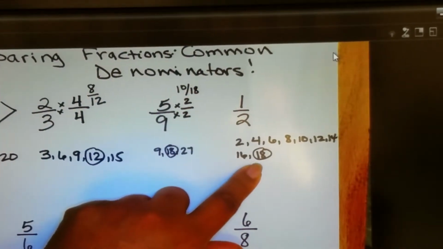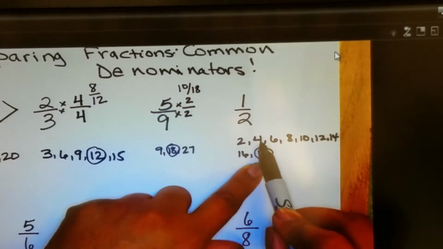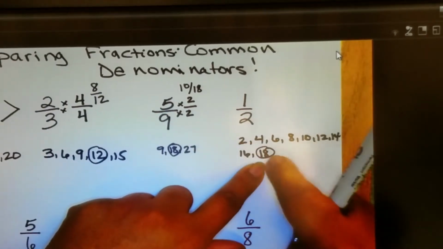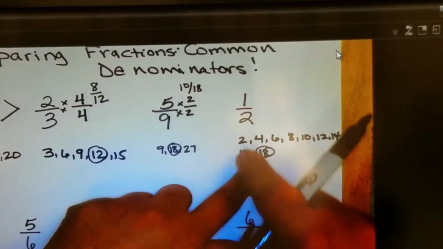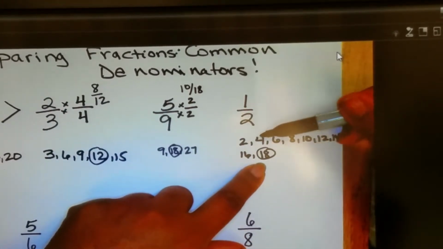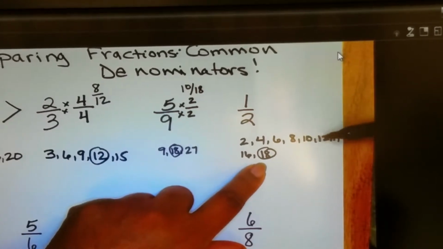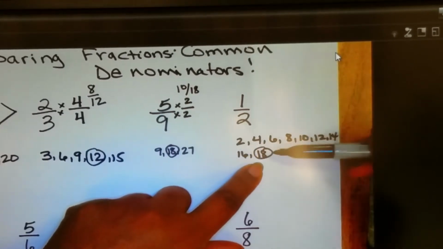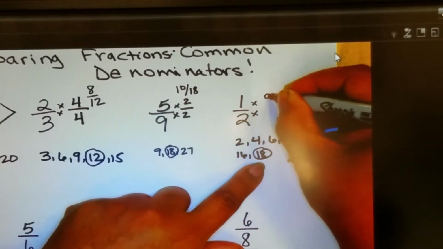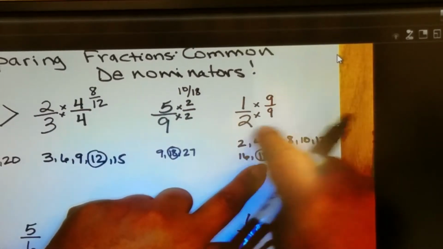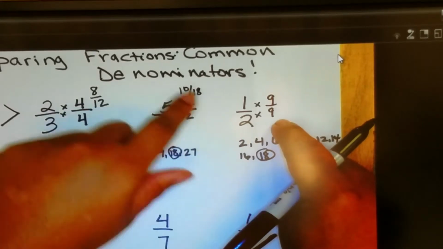When I come over here, I will have 2, 4, 6, and as I'm skip counting, I will then count my skips. 1, 2, 3, 4, 5, 6, 7, 8, 9 skips. So multiply the top and the bottom by the 9 in order to get this denominator to be 18, the same as this one.